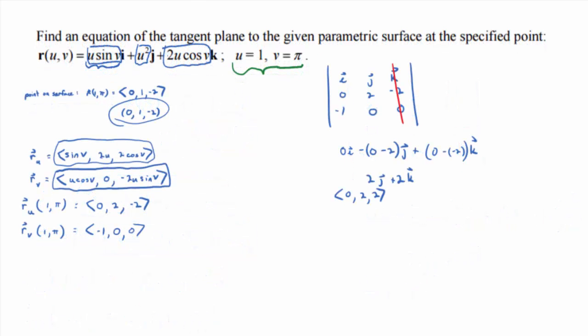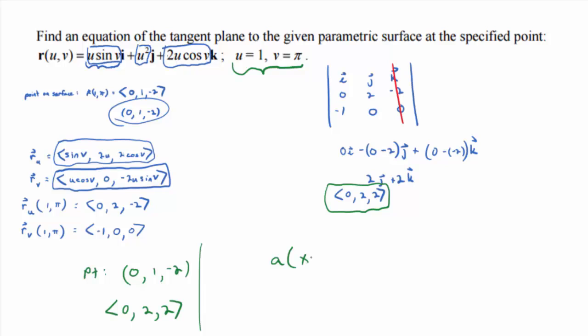We've got our point. Let me write down our point. The point is 0, 1, -2. And your normal vector is 0, 2, 2. Then we go back to the equation of the plane that you were first introduced to in the very first chapter.